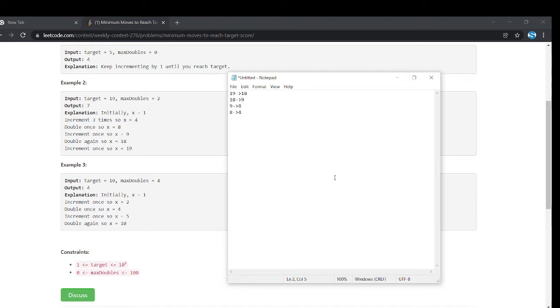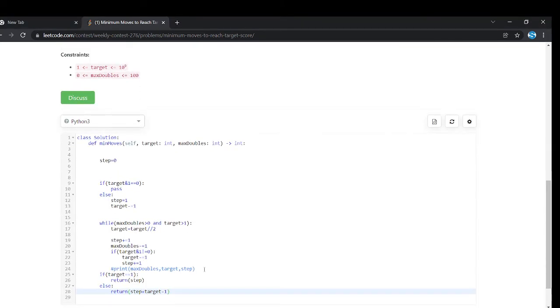If you see, we have used one division operation here and one division operation here. So there were two division operations allowed. If you see, max doubles equals 2, so 2 has been used, and because of which our loop will end over here.